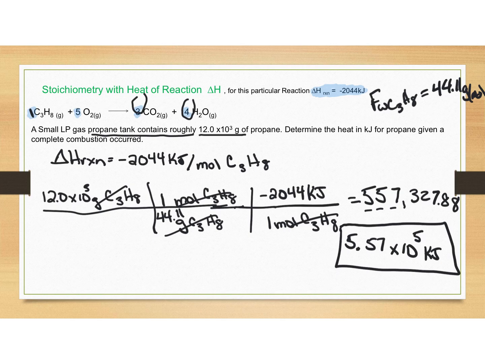It opens up a lot of doors for us to be able to calculate how much energy is given off for, say, a propane tank. It also helps us determine how much of a product can be produced, theoretical yield, limiting reagent, percent yield, and those types of things. So stoichiometry really opens up our horizons in the chemistry field for being able to manipulate and find new quantities.